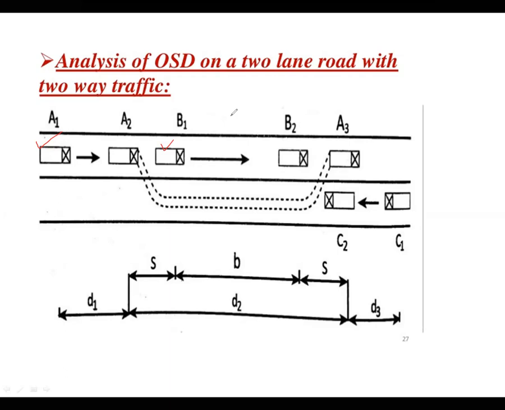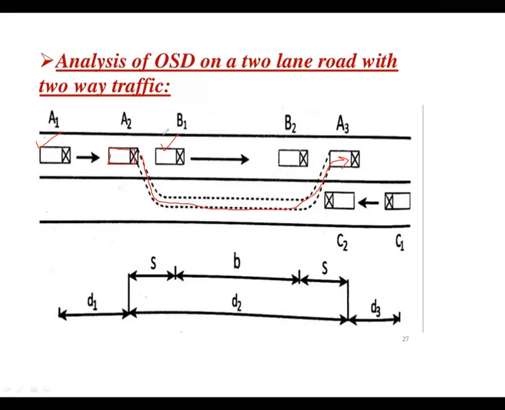But when both vehicles are in acceleration, both vehicles are moving, so the A vehicle is moving from A1 to A2. A2 is the initial point where it starts to overtake the vehicle. So it starts overtaking from A2 and reaches the point A3, because this is the moving position.